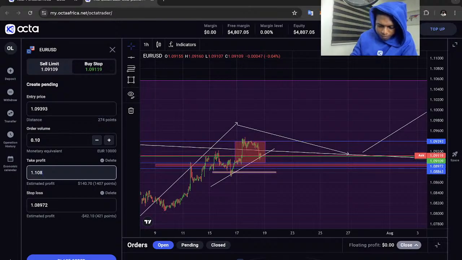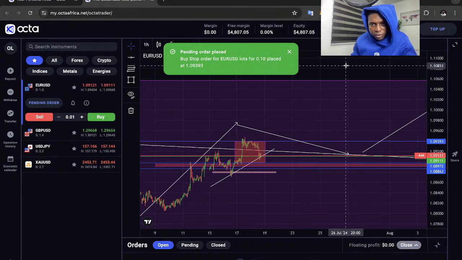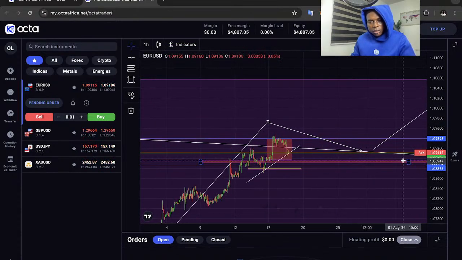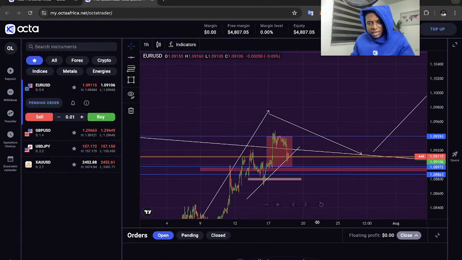Then I would place the order. Good. Buy stop order for euro USD, lot size 0.1. So my pending order has been set for buy.